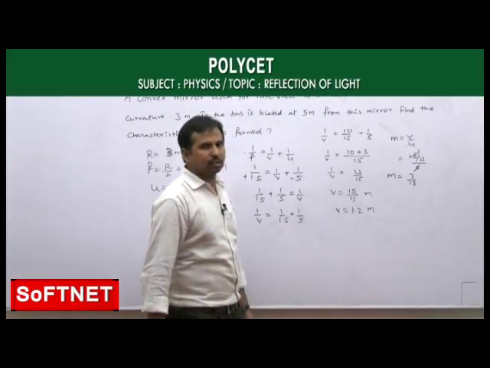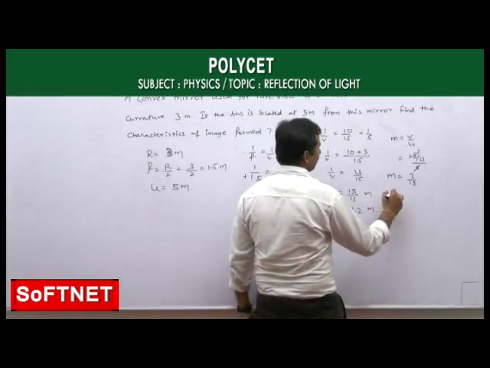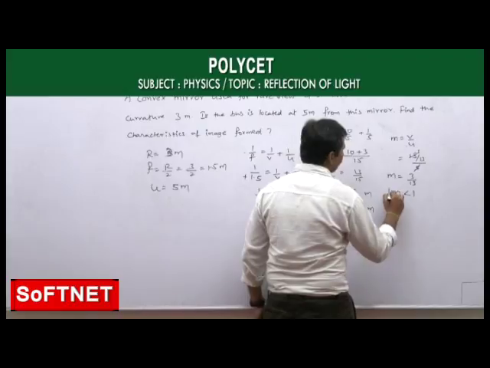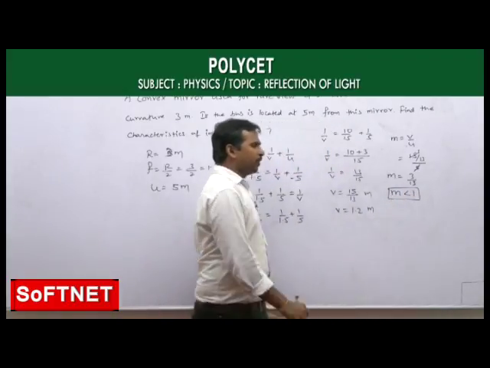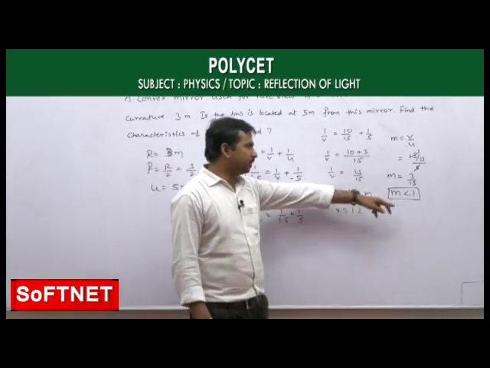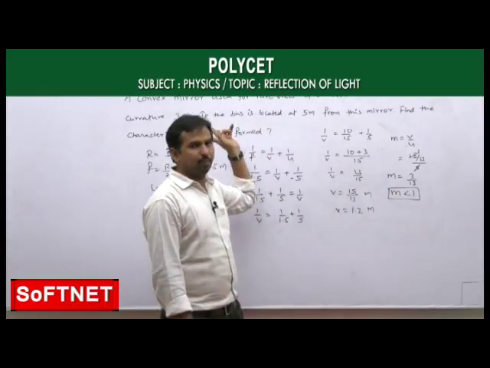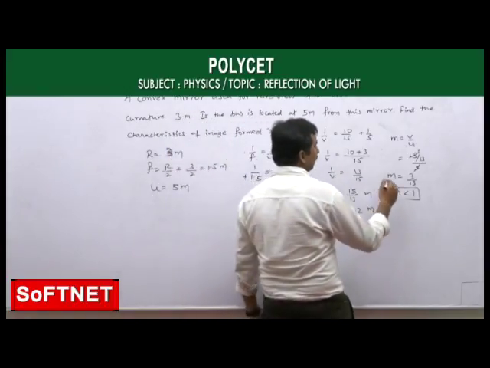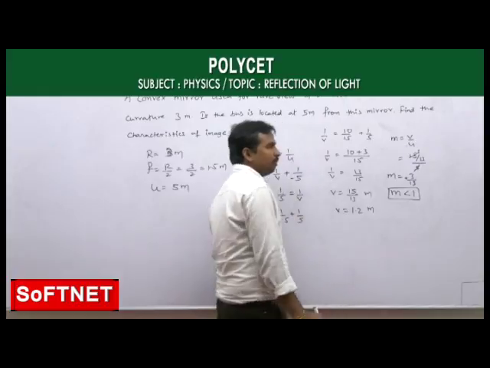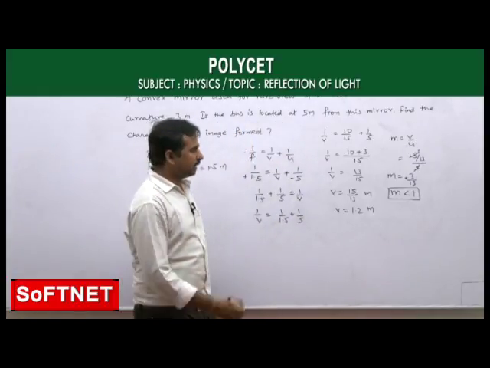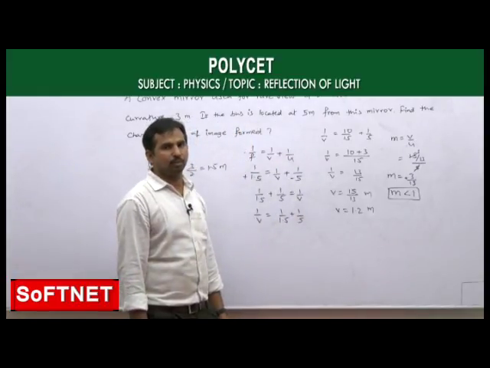As the magnification is 3 by 13, the m value is less than 1, which represents a diminished image. And not only that, the m value is positive. If m is positive, it means a virtual image is formed.